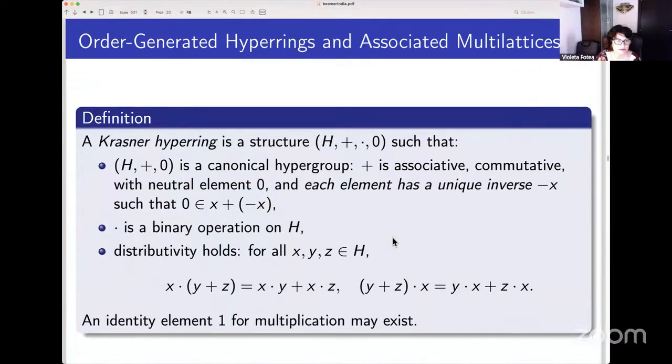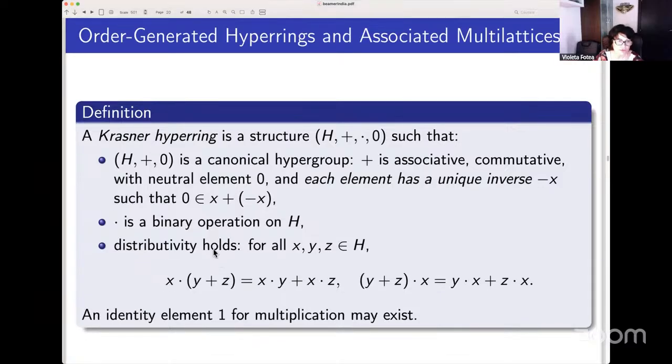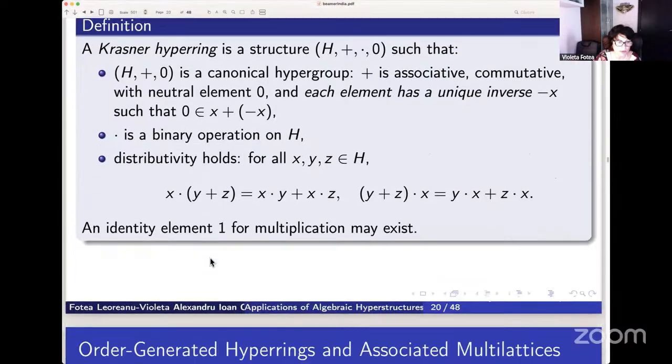Because I said already some words about Krasner hyperrings, we can also give the definition. As an additive structure, we consider a canonical hypergroup. Each element has a unique inverse. 0 is a neutral element. Concerning the multiplication, it is a binary operation. Distributivity holds as a connection between these operations.